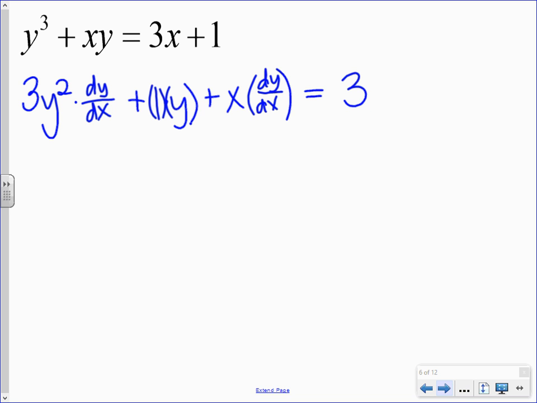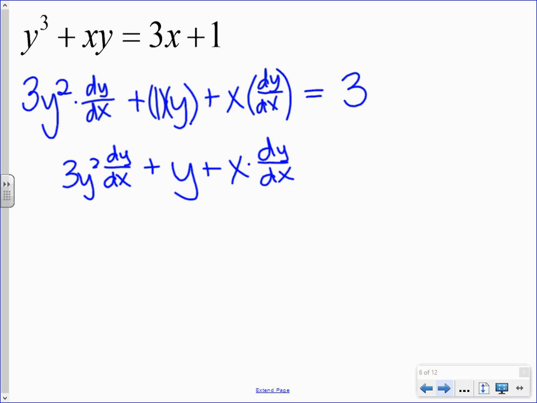So now I'm going to make this look a little prettier. You don't have to if you don't want to. I'm just going to write this as y plus x dy/dx. Now we have differentiated every single term on both sides of our equation. Now I want anything with a dy/dx on one side, anything without a dy/dx on the other side.